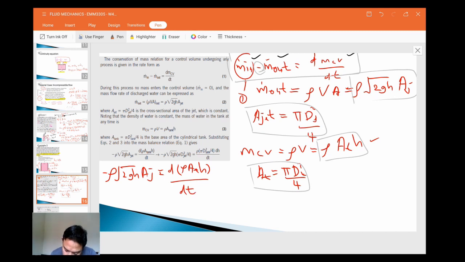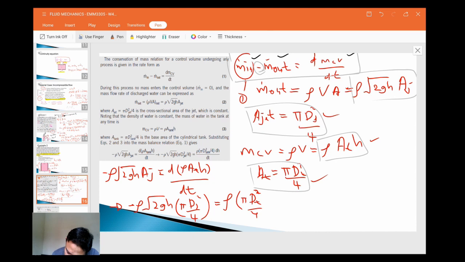In terms of the areas, it becomes negative rho square root of 2 g h times pi d square jet over 4 is equal to rho pi d square tank over 4 dh over dt.